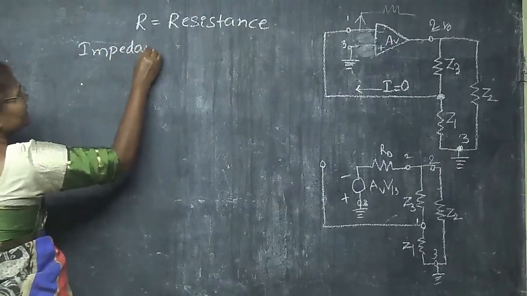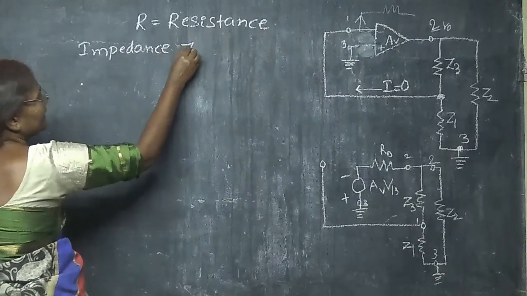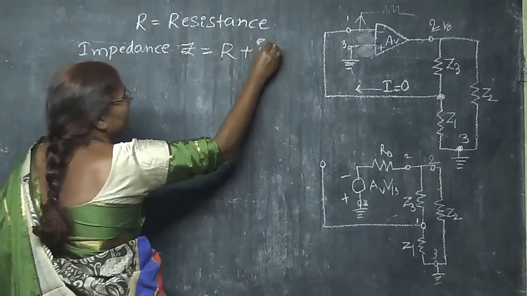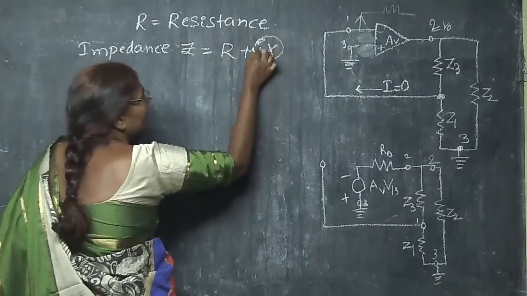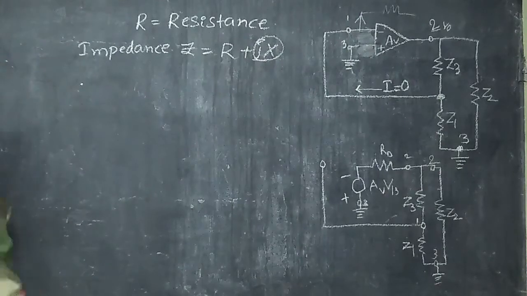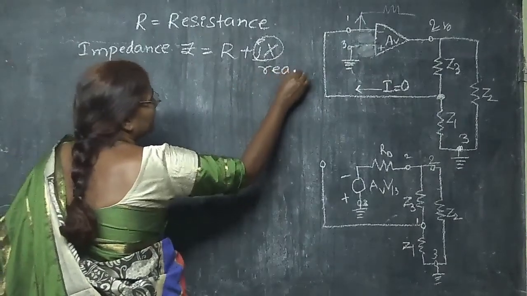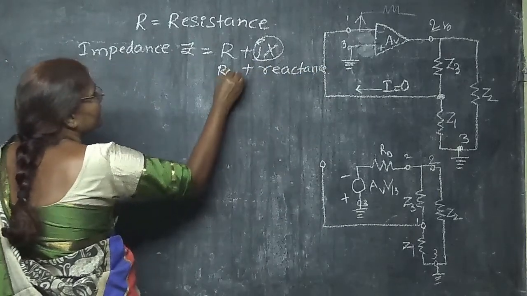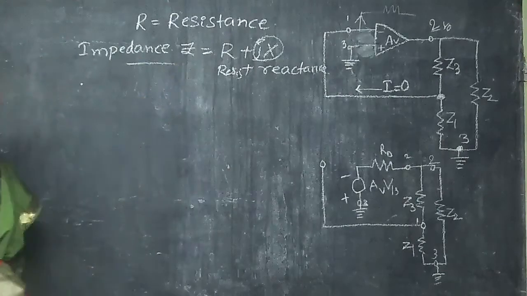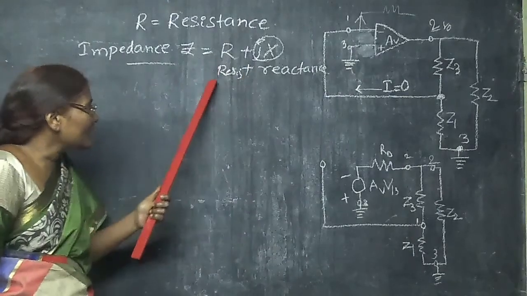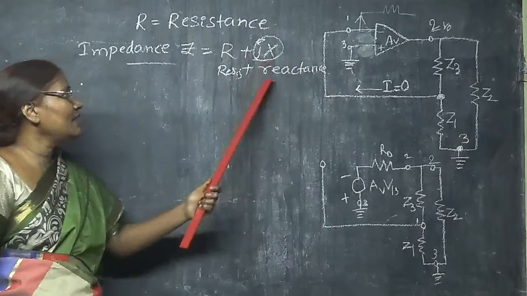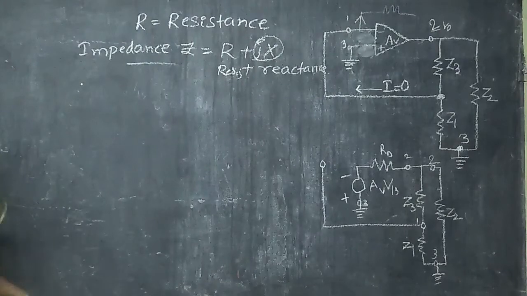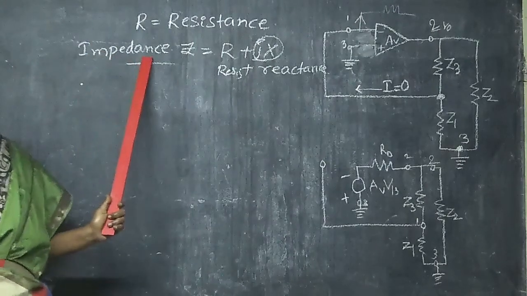This impedance is represented with Z, and Z is going to be R plus jX, where jX is the reactance, and this reactance plus resistance gives the impedance. The resistance is the real part and the reactance is the imaginary part. So this is a complex term when we consider the impedance.